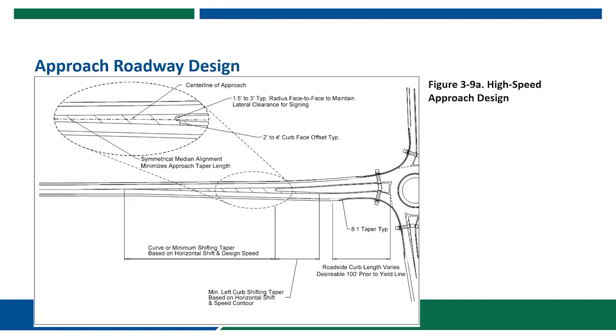For 35 miles per hour to 45 miles per hour, 100-foot long splitter islands should be sufficient, and less than 35 miles per hour, 50-foot long splitter islands are appropriate. The nose of the approach end of the splitter island should incorporate a 2 to 4 foot offset from the face of curb to the paint line as cars approach the roundabout.